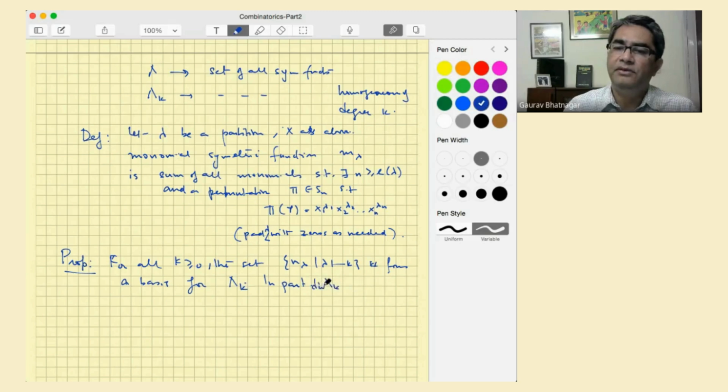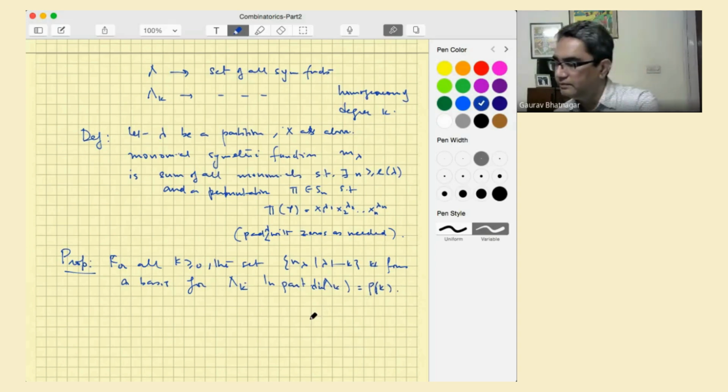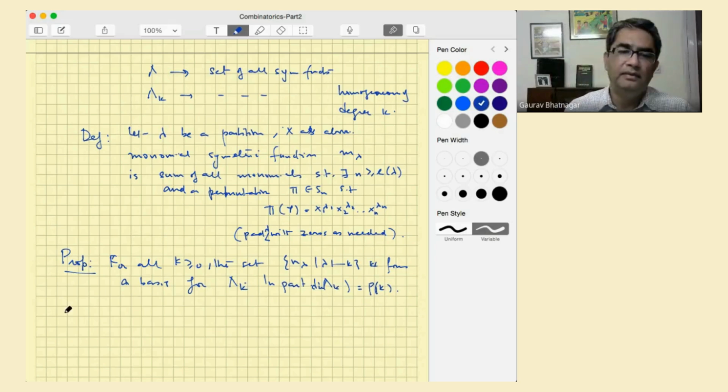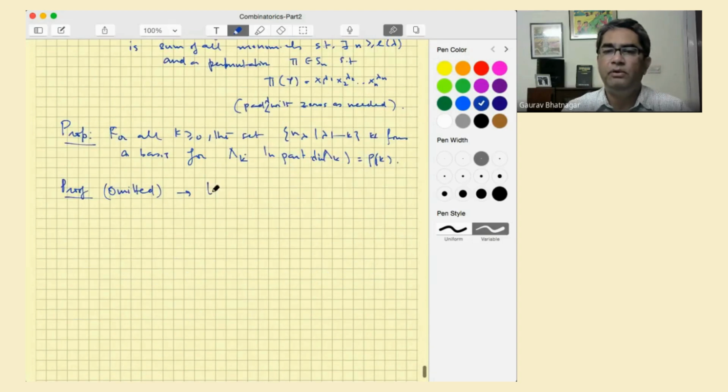The dimension of Lambda^k is p(k). So the proof is omitted, and I think it's obvious, but you look in the book. When you look in the book, you will see the wisdom of why I've omitted it. Okay, any questions?